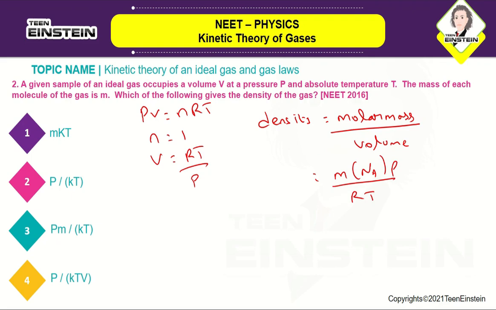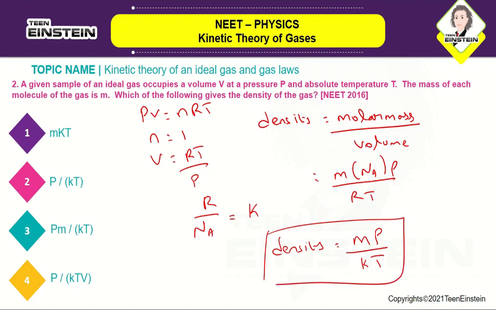But R by Na is equal to Boltzmann's constant. So density will become mP by kT.